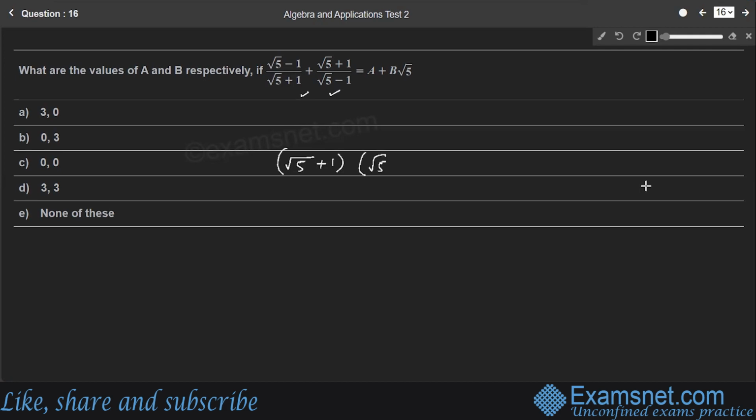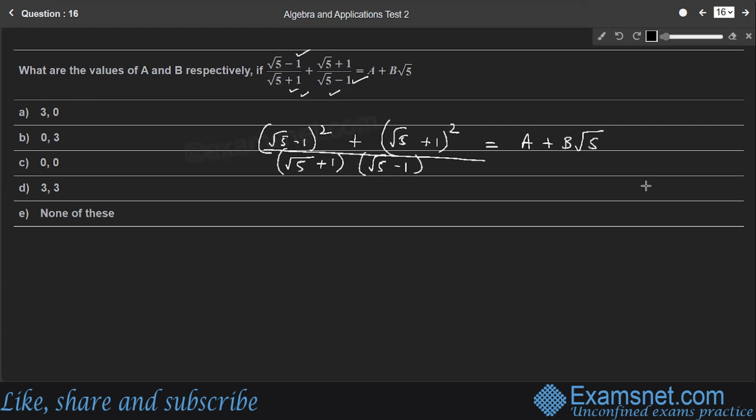So, root 5 minus 1. And the numerator becomes root 5 minus 1 into root 5 minus 1. Since the denominator is root 5 plus 1, multiply both numerator and denominator by root 5 minus 1, right? So, here root 5 minus 1 the whole square, plus the numerator of the second term becomes root 5 plus 1 the whole square is equal to a plus b root 5, right?